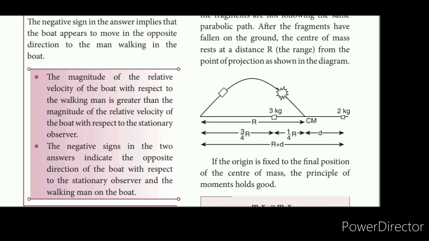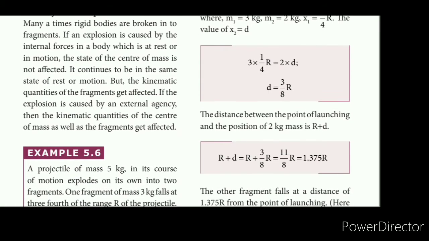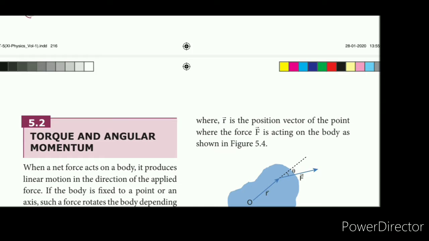From the origin to the other point where the 2 kg piece drops, the distance will be d. So the total distance will be r plus d. So m1 x1 will be equal to m2 x2. Here m1 is 3 kg and m2 is 2 kg. x1 equals 1 by 4 of R, and x2 will be equal to D. Okay, this is how we can deal with this lesson.